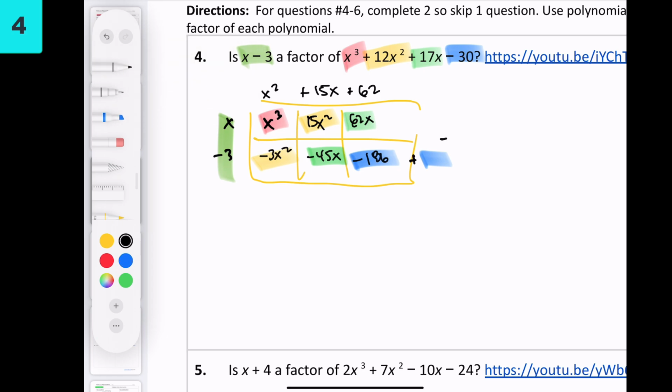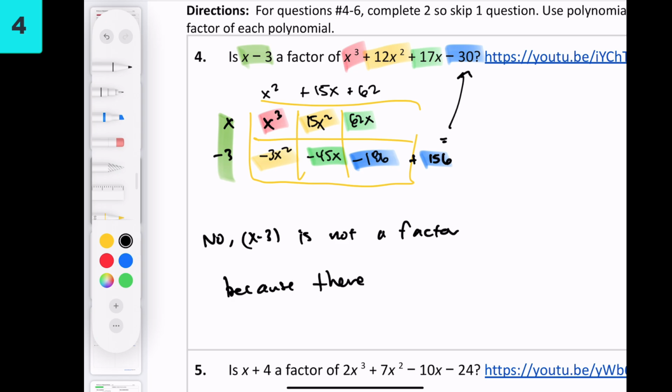These two will equal that number. So that'll give us a positive 156. So we can say no, x minus 3 is not a factor because there is a remainder. Right, the remainder is 156. Conversely, that means it would be a factor if your r is equal to 0.